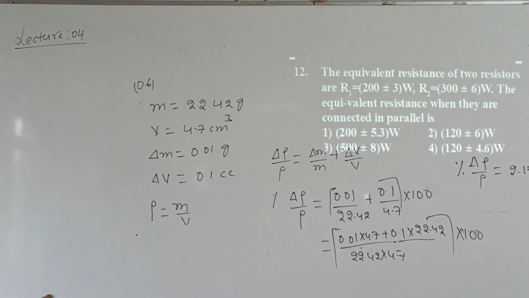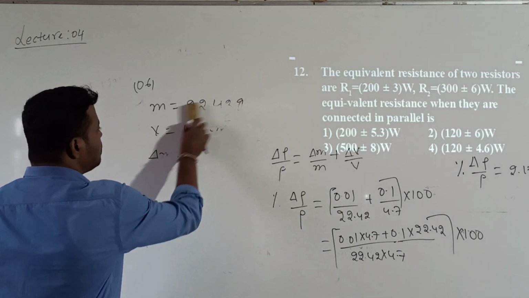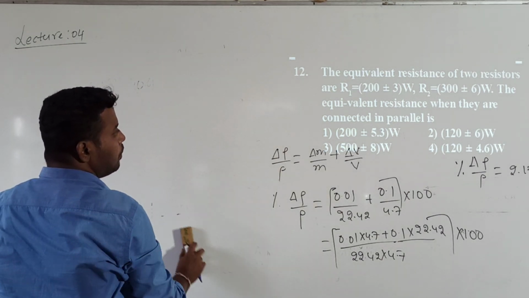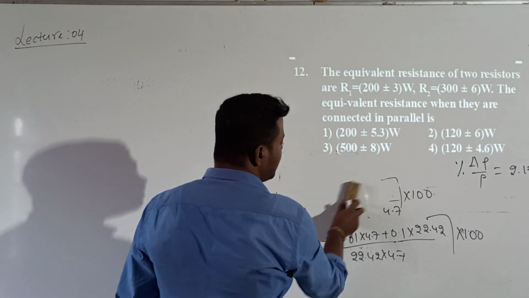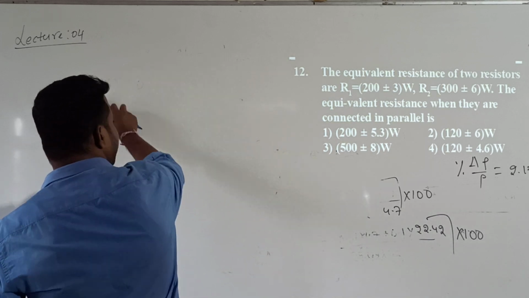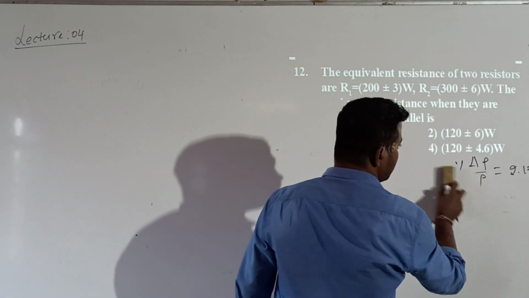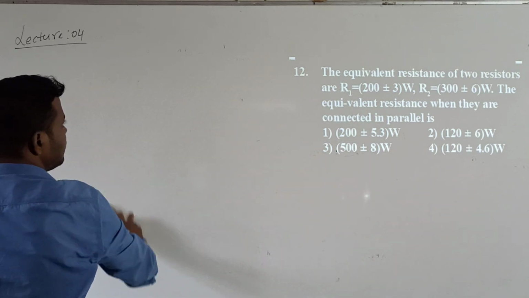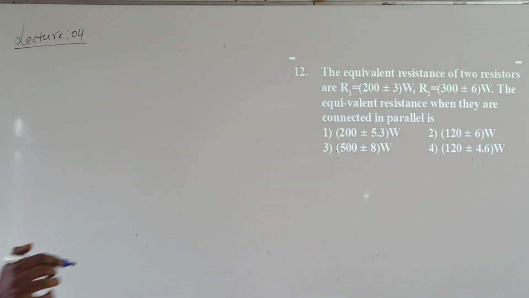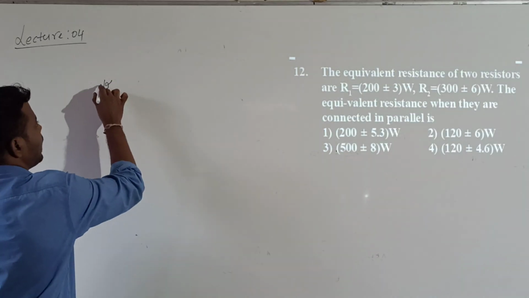Next, question number 12. We have to do this question carefully, because in this question the answer comes somewhat different. We'll check it properly. In question number 12, there are two resistors.